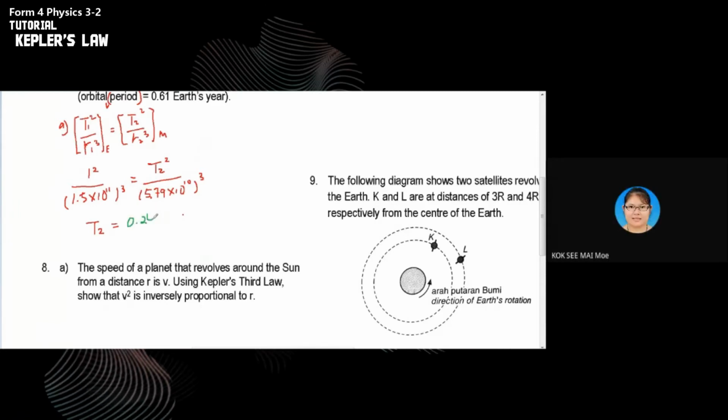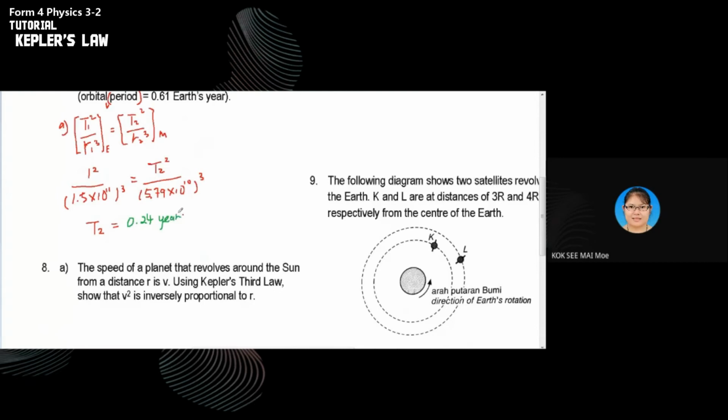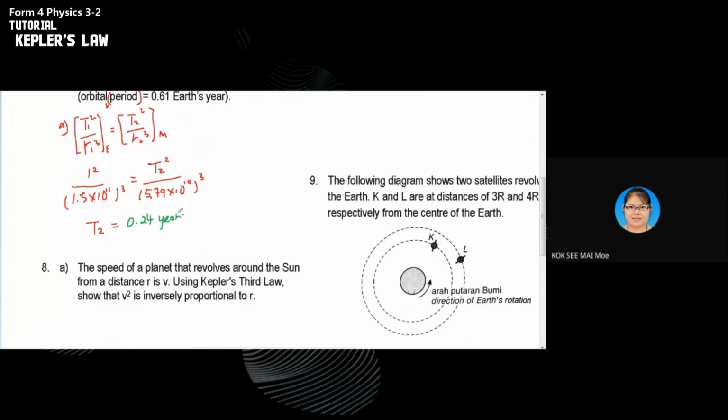Yeah, 0.24 year. Because Mercury is closer than the Earth, so the period must be shorter.